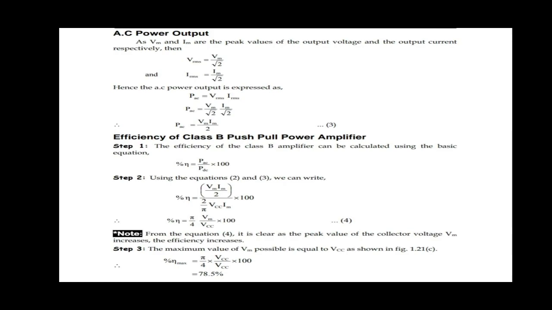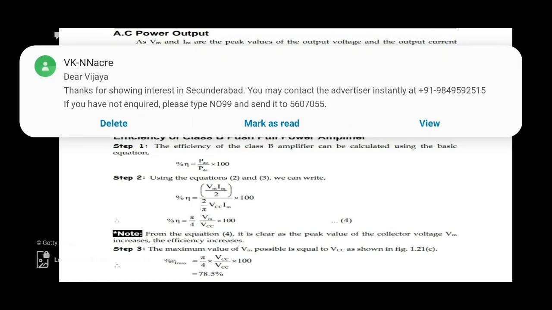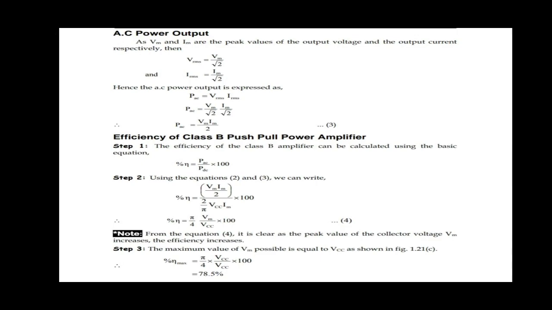For AC output, Vm and Im are the peak values of the output voltage and output current respectively. Vrms equals Vm by root 2, Irms equals Im by root 2. Vrms into Irms is Vm Im by 2. So PAC is Vm Im by 2.